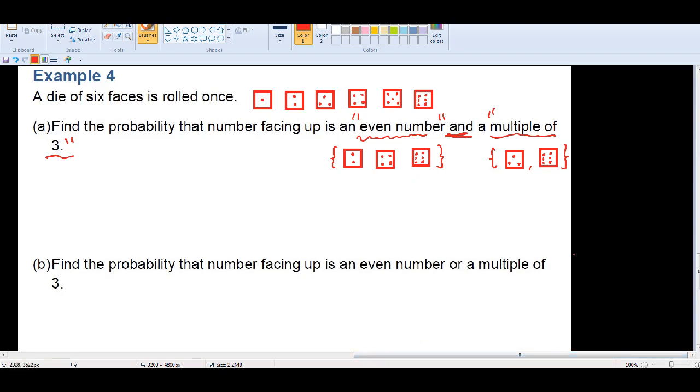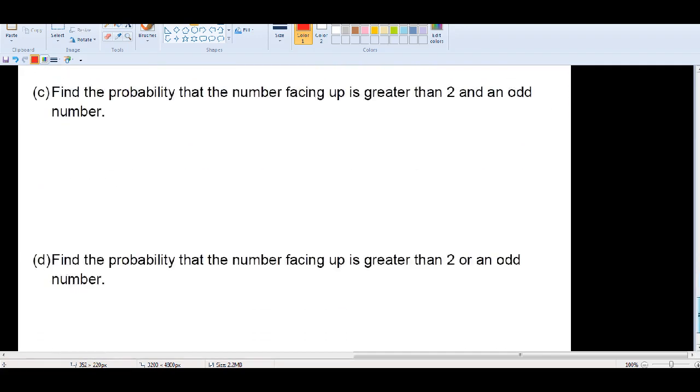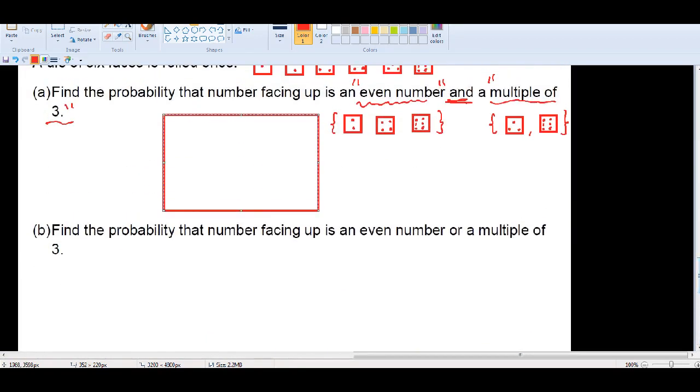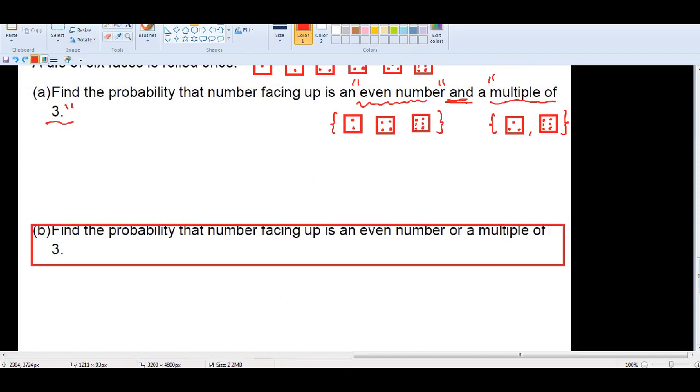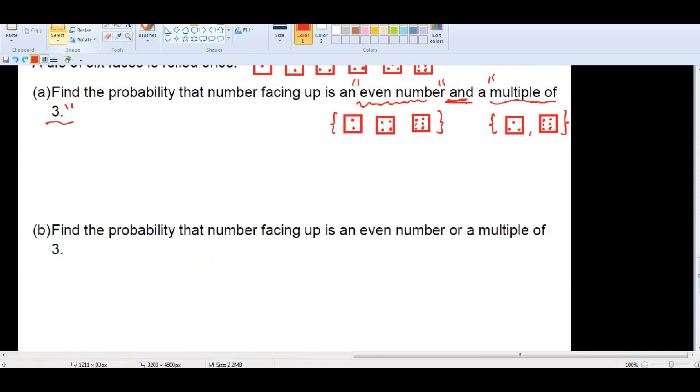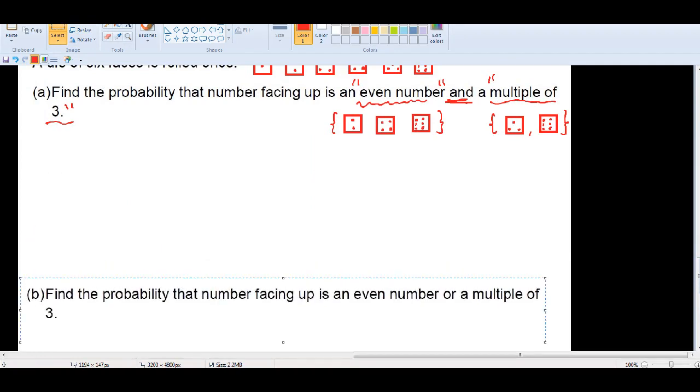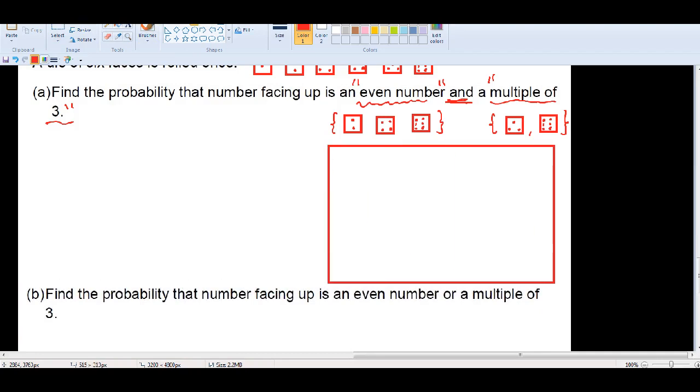Okay, so we construct our Venn diagram. Possibly I need more room for that, sorry about this, just create a little bit bigger room for my drawing.